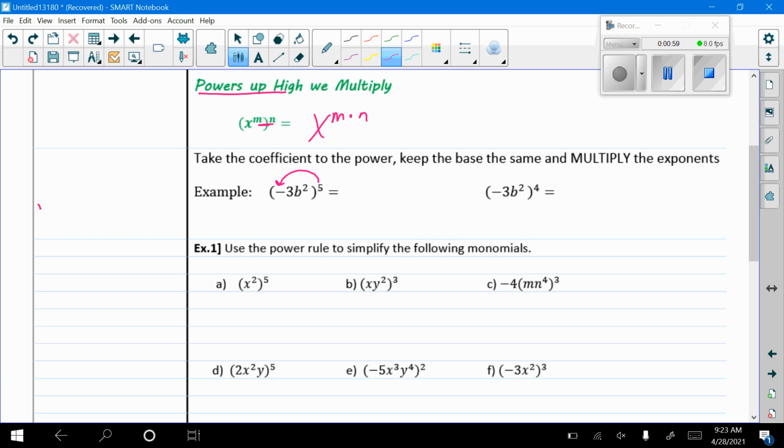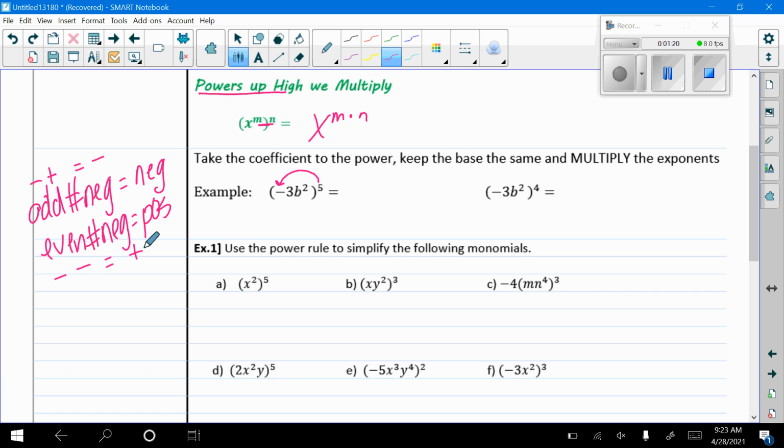Well, I will remind you that an odd number of negatives equals a negative. An even number of negatives equals a positive, right? Because we know that a negative and a positive equals negative, whereas a negative and a negative equals a positive. So in this case, it's going to be negative.